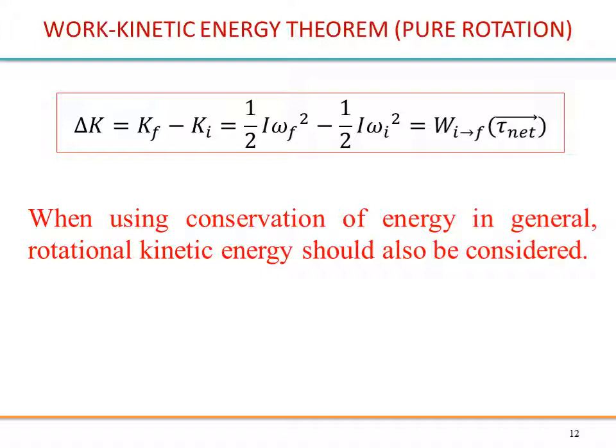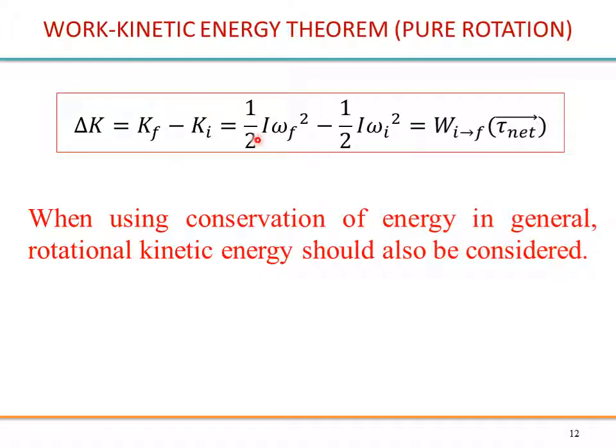Okay, so let's continue with the work and energy. You know that you have a work kinetic energy theorem in linear motion. We have the same thing in pure rotation. So if you have two states, the kinetic energy in the final state minus the kinetic energy in the initial state will be equal to the change in kinetic energy of rotation.